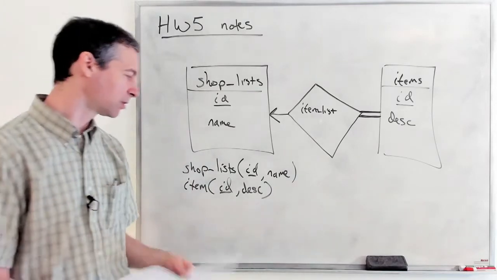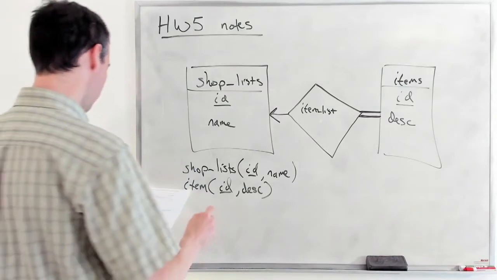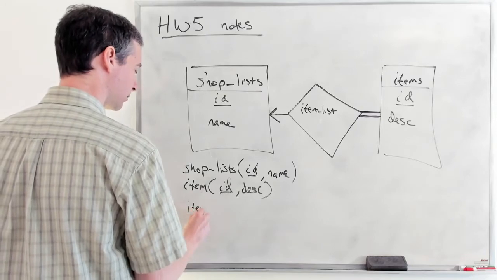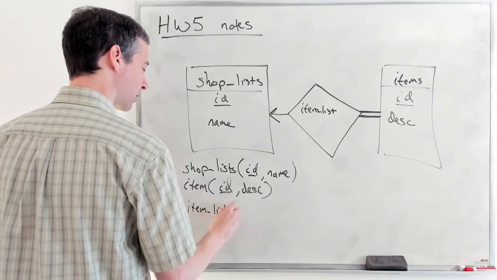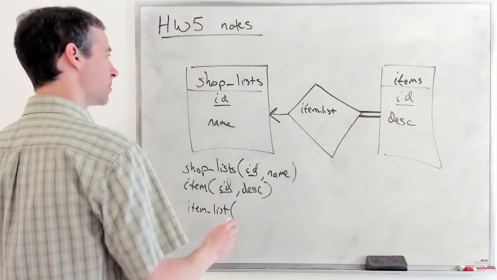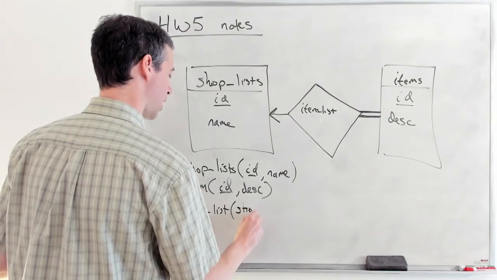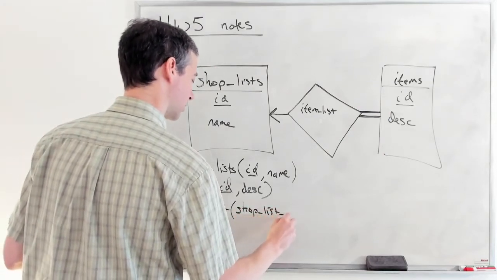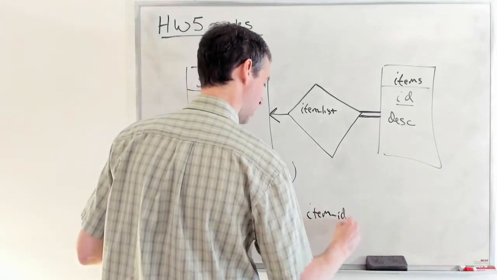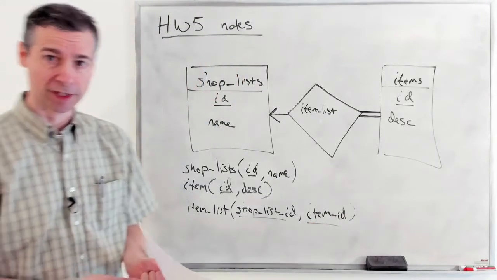Because it led people to do things like this. When they did that, they go, all right, I've got item list. Great. And in his example, he takes the key here, and he has them as primary keys. And so, okay, I'll call this shop list ID. I'll call this item ID, and I'll underline both of them. Both of them together will form the primary key.